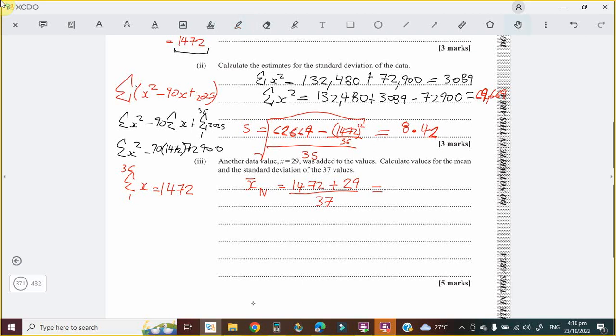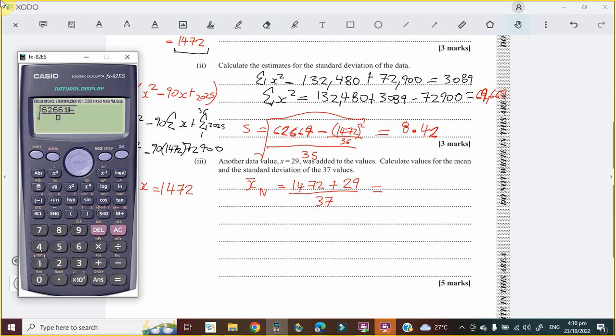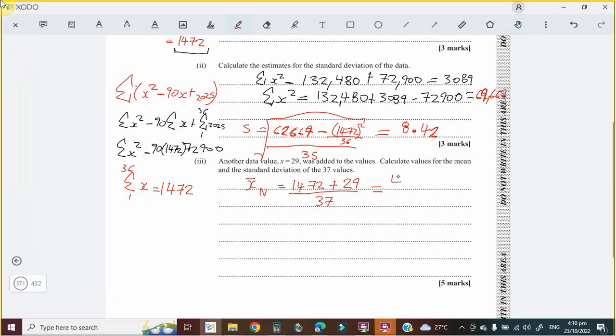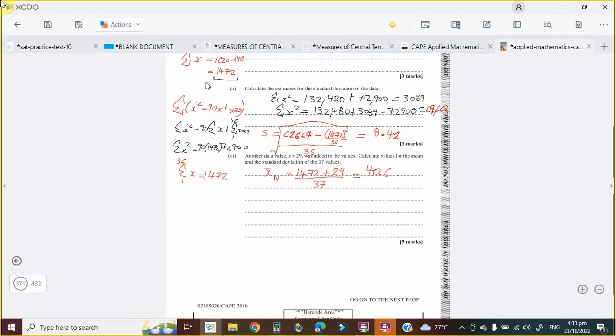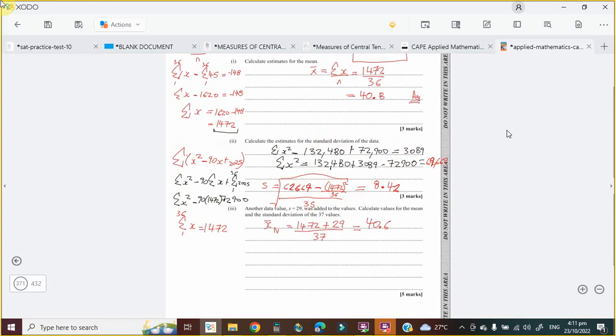So the new mean is what? 1472 plus 29 divided by 37. That's 40.57. We get that? Or 40.6. So what was the old mean? 40 point something too. 40.8.